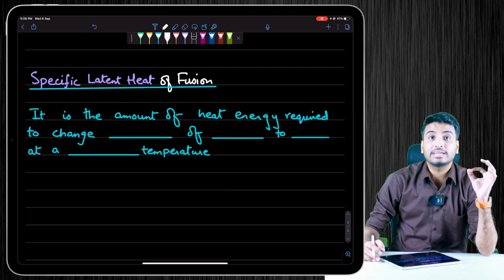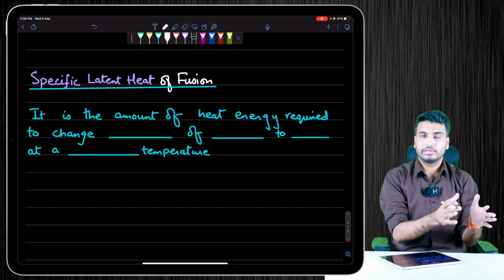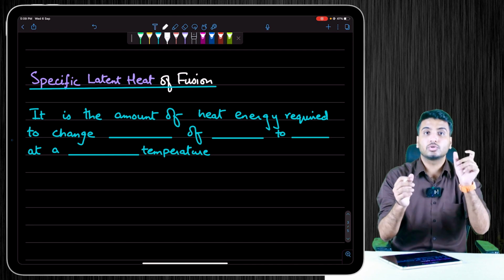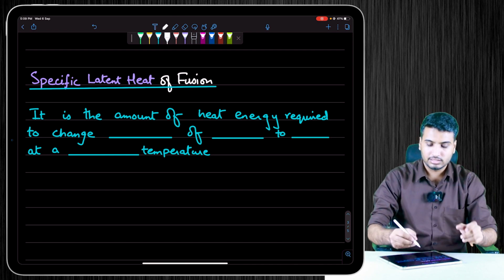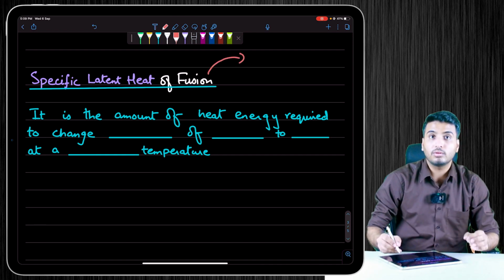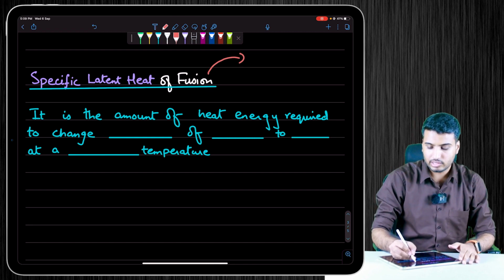Alright, now specific latent heat of fusion. All of the definition is the same as specific latent heat. Fusion means change of state from solid to liquid.